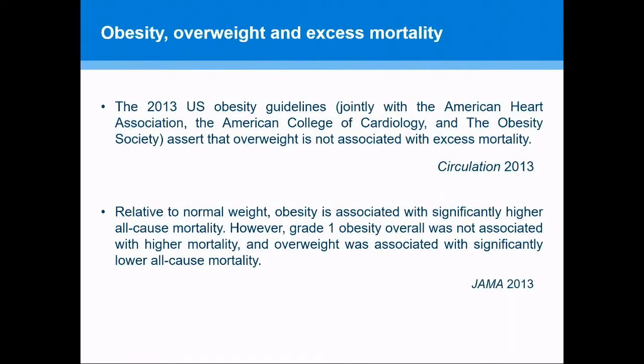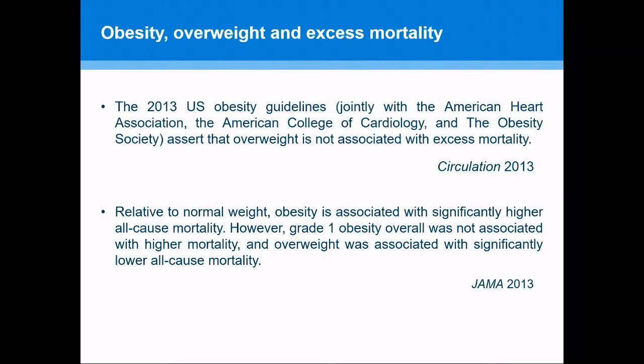The follow-up meta-analysis published in JAMA in 2013 had very similar conclusions, suggesting that while severe obesity, and grade 1 obesity, is associated with higher mortality, overweight is not associated with overall mortality, and was actually associated with lower all-cause mortality.